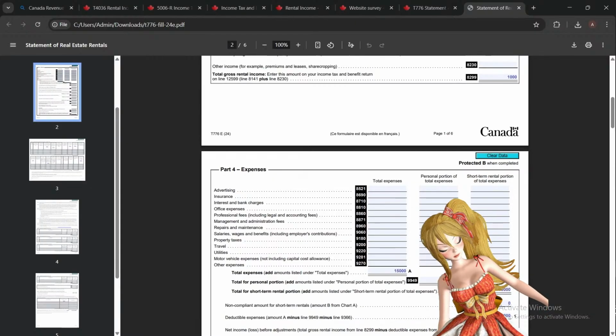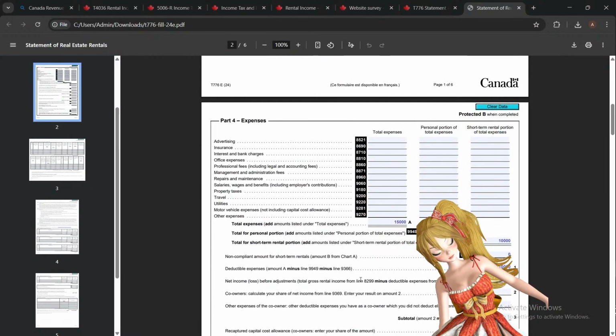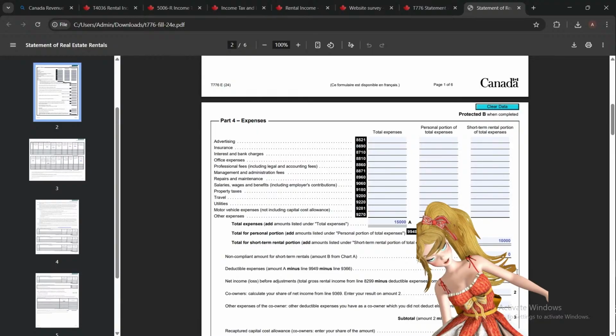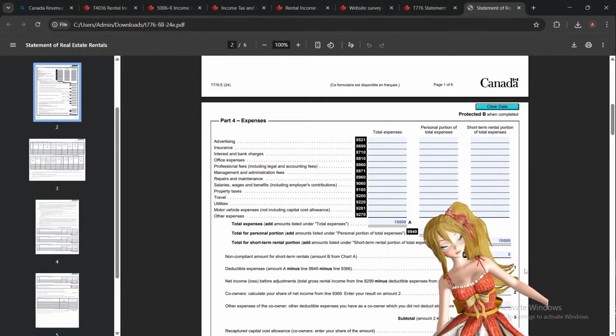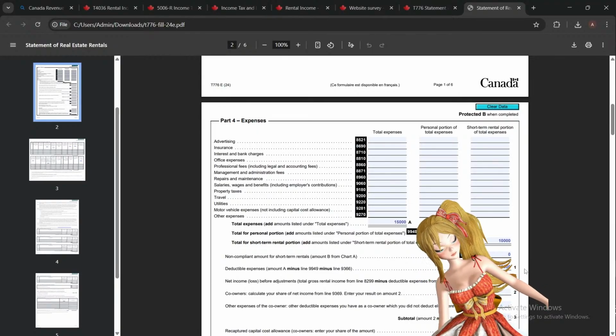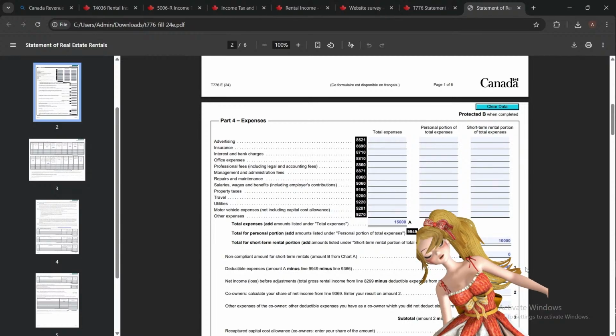And the income would be 1,000 minus 10,000, which is minus 9,000. That makes so much more sense.